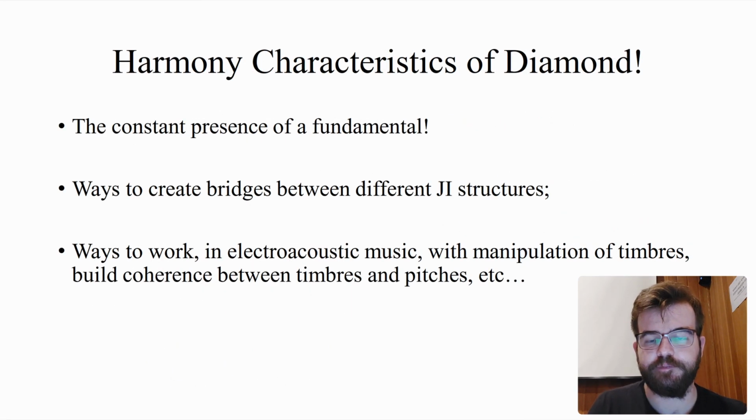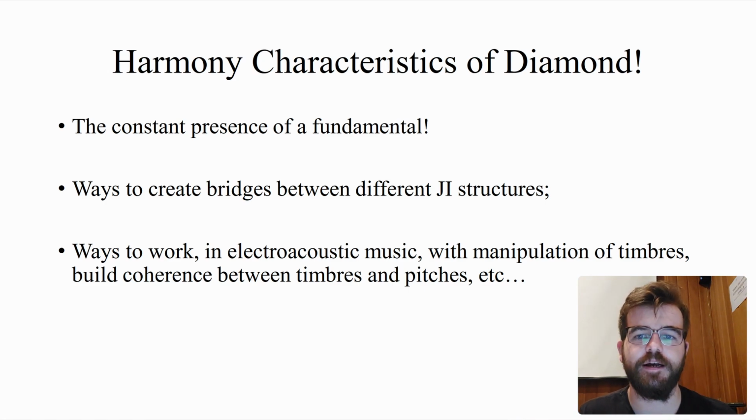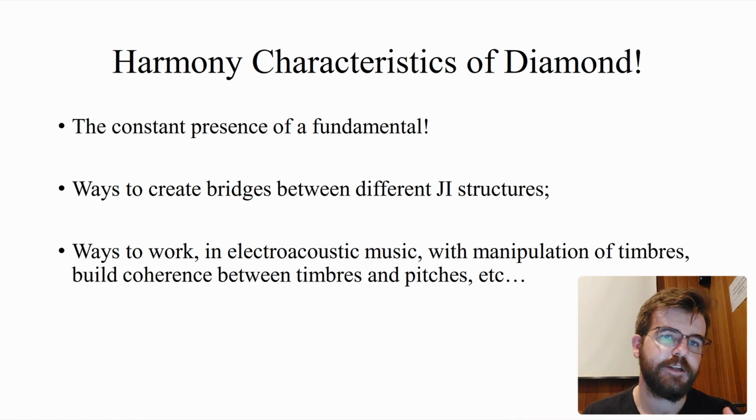Summarizing this compositional work, the theories of just intonation normally have chords and systems with a constant presence of one fundamental pitch. Johnston is maybe one of the composers for whom this is not very true. So it's important to find ways to create bridges between different just intonation structures.